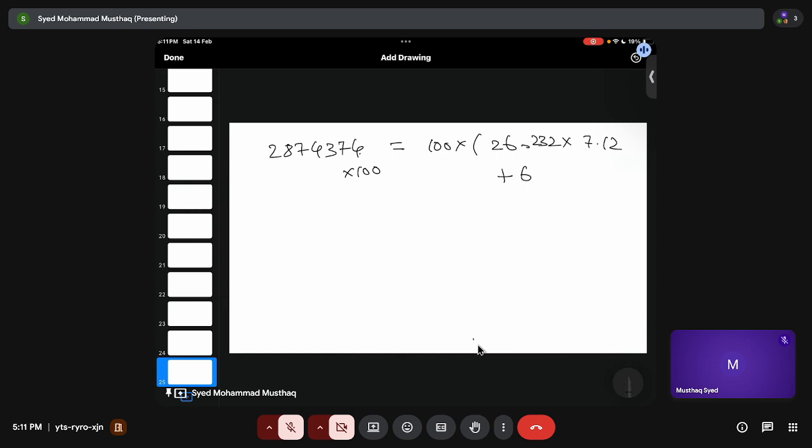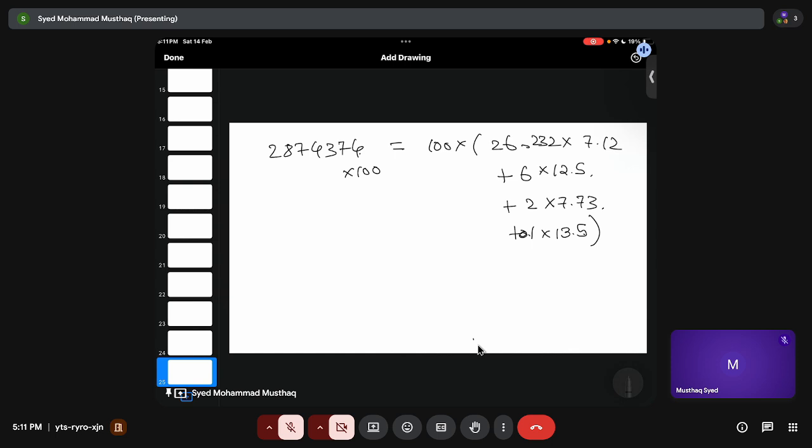Times 6 into 12.5, plus 2 into 7.73, which is for hydrogen, plus 0.1 into 13.5, and 13.5 is for sulfur dioxide, not sulfur oxide.